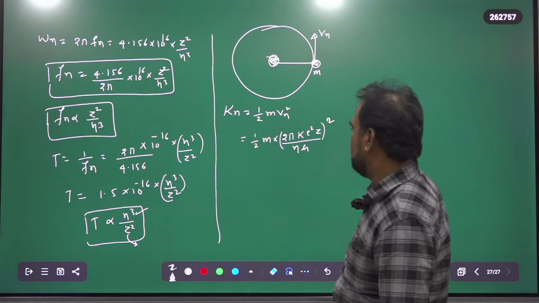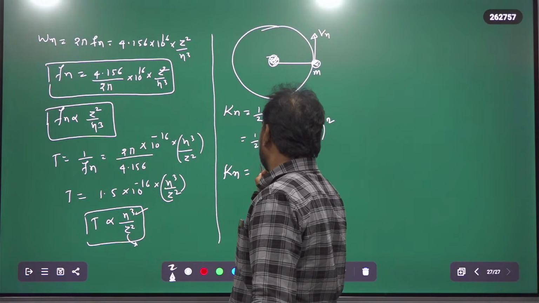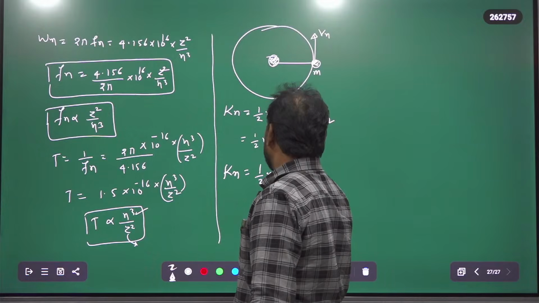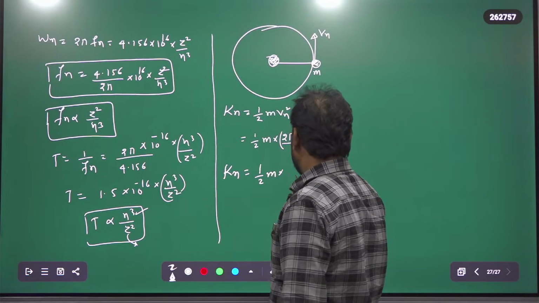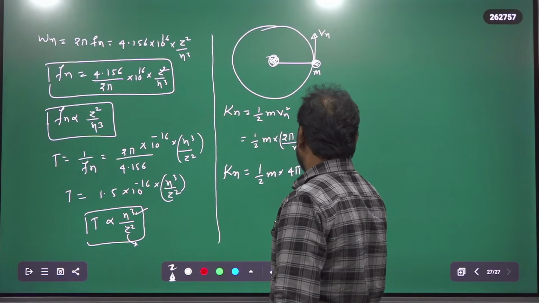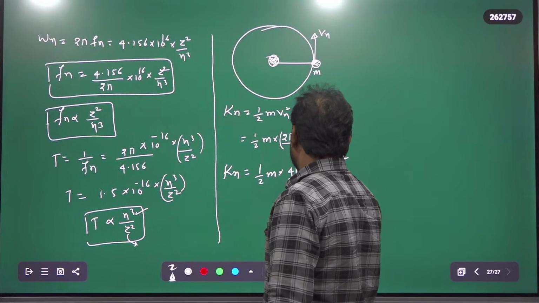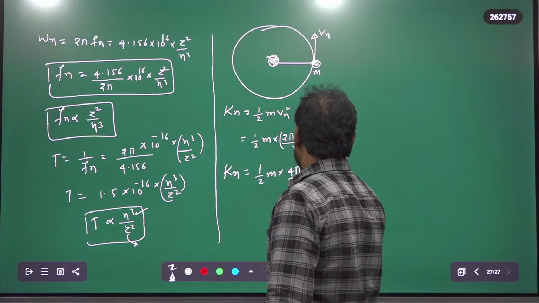This is the kinetic energy. It would be Kn equal to half of m into 4 pi square k square e power of 4 into z square upon n square into h square.